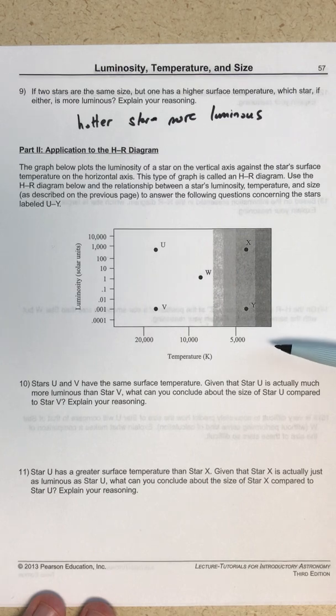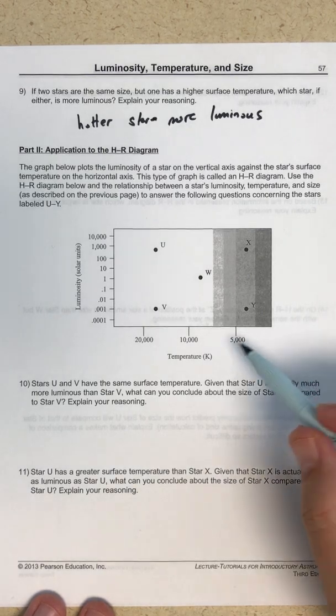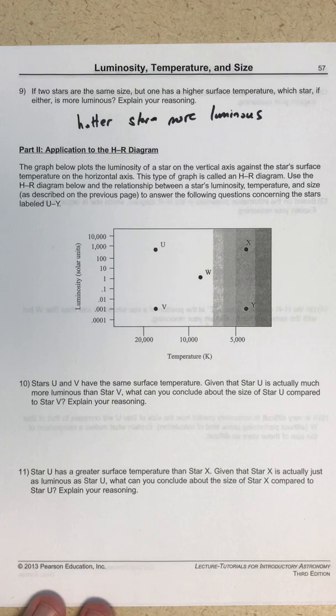The temperature axis in an HR diagram is backwards. So cooler objects are to the right, hotter objects are to the left. And again, I'm sorry, but that ain't changing. Been doing this for a long time. Astronomers have had a chance to change this, and it has not changed. We're just going to keep this axis going backwards.